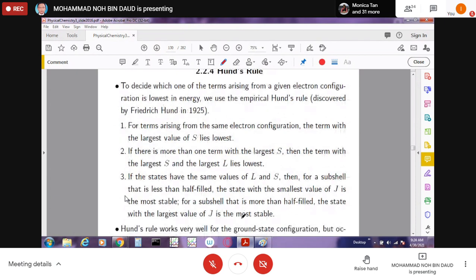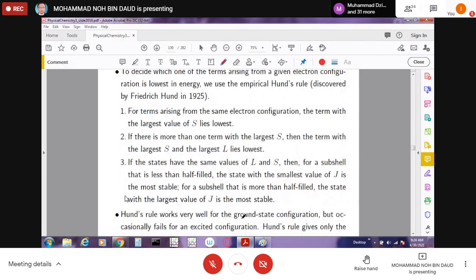So the Hund's rules here apply for the ground state configuration, 1s for helium, 1s2 2s for lithium, but occasionally fail for excited configurations.